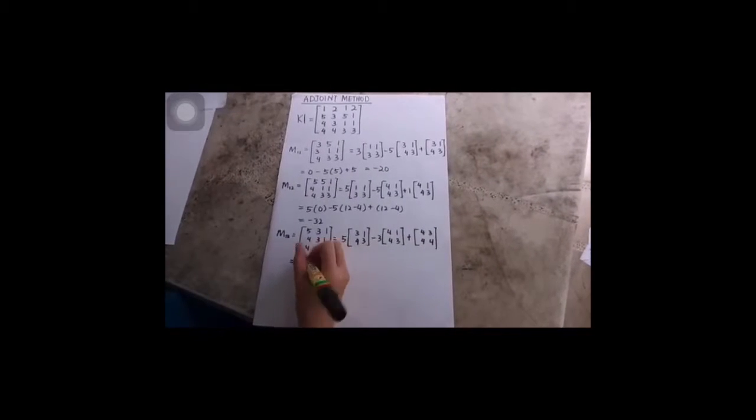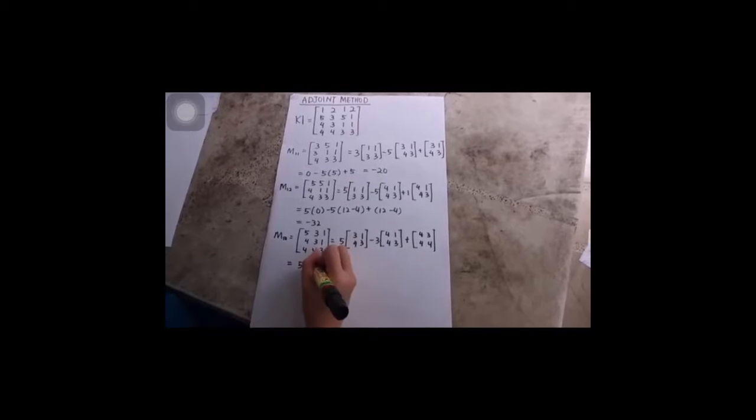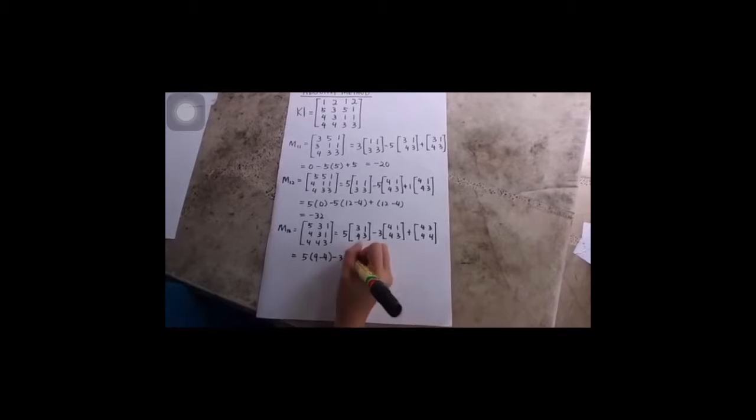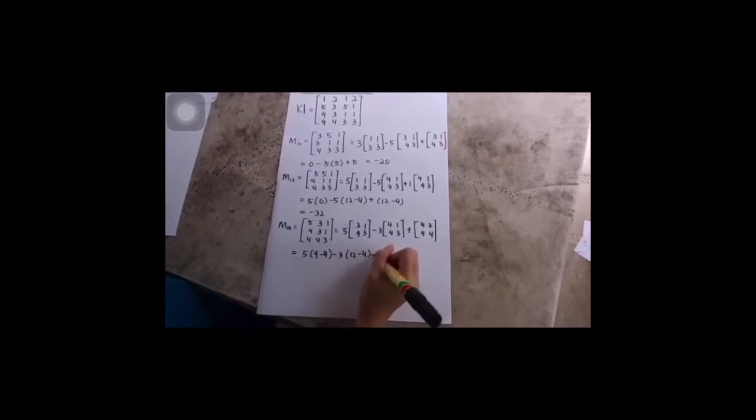This process is repeated throughout finding out all of the minors. The only difference was that the rows and the columns eliminated correlate to the rows and the columns of the minor that she wanted to find.